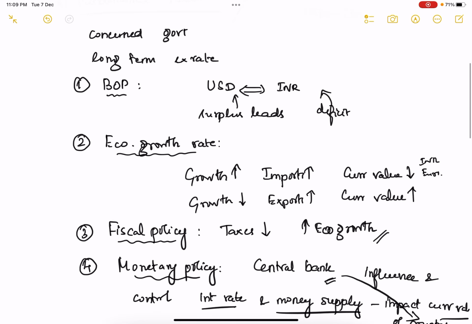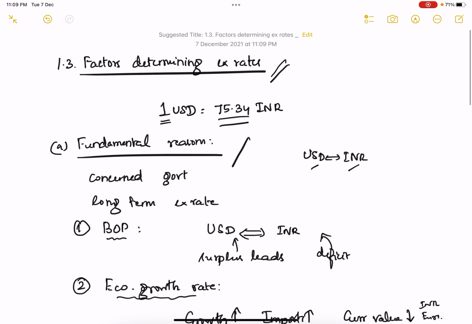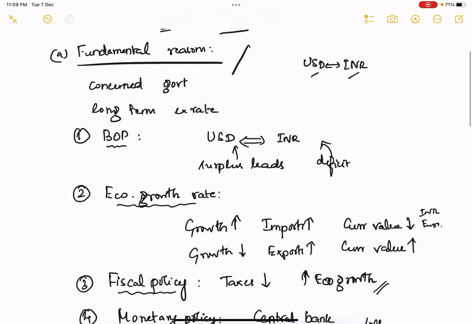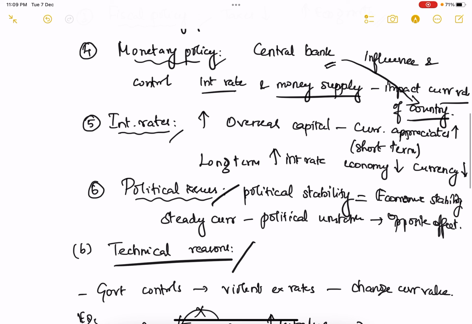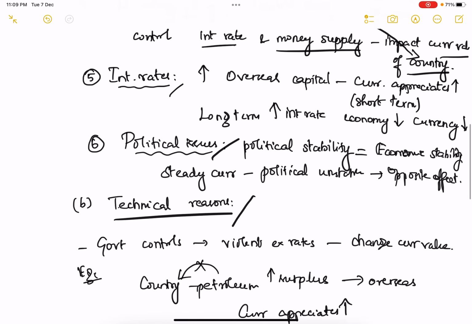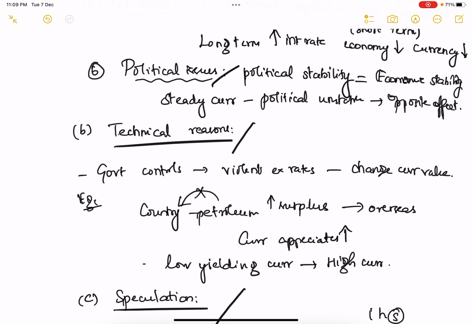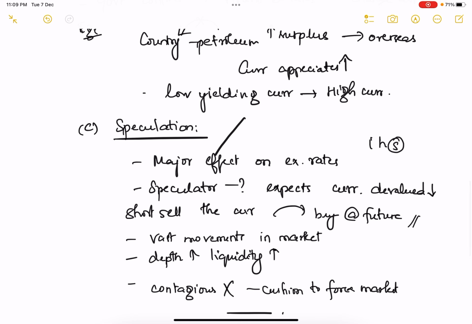In fundamental reasons, we have seen balance of payment, economic growth rate, fiscal policy, monetary policy, interest rates, and political issues. Next we saw technical reasons, and at last we saw what speculation is.